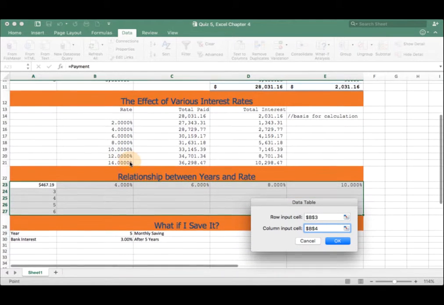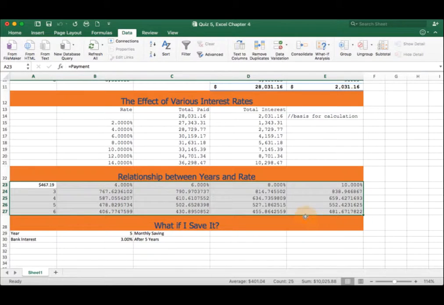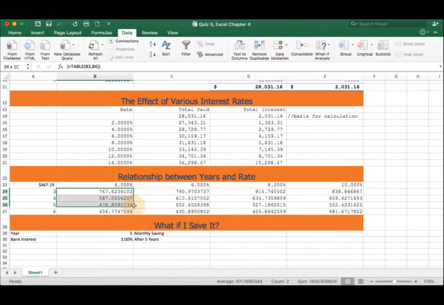So as you can see, the row input cell has a percentage, and the column input cell has the number of years required to pay off your payments. So with this setup, click OK. It's going to help you calculate the monthly payment amount each time.